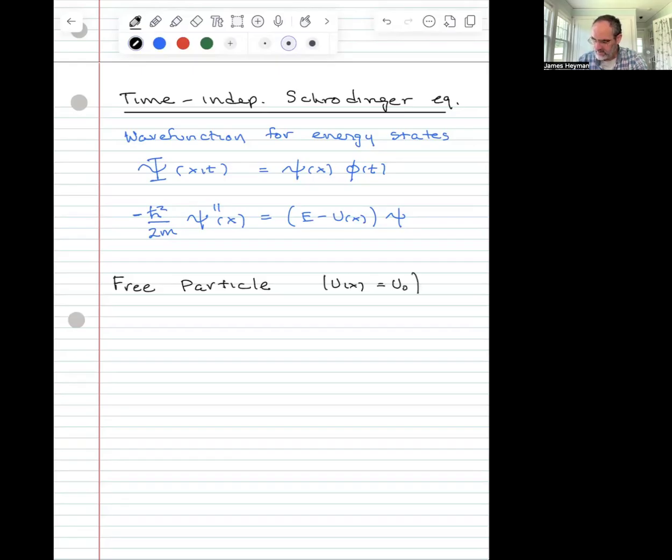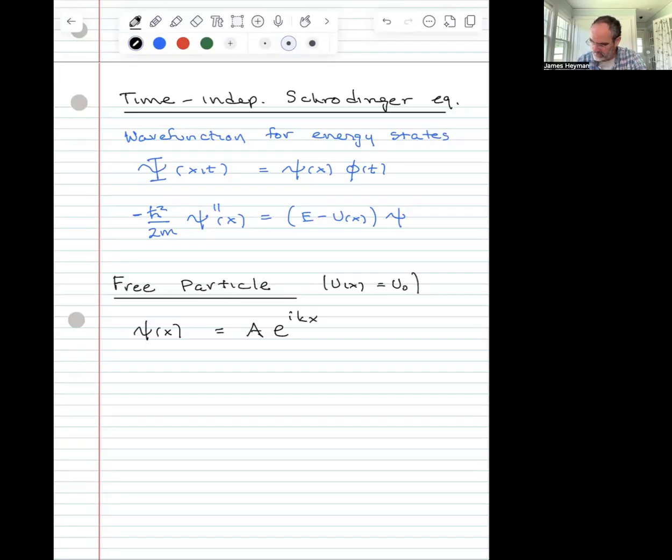Okay. The simplest system that we can investigate is that of a free particle where the potential energy is constant, maybe even equal to 0. All right? If we substitute the free particle state, last time we showed that the following is a solution to the time-independent Schrodinger equation. Okay?